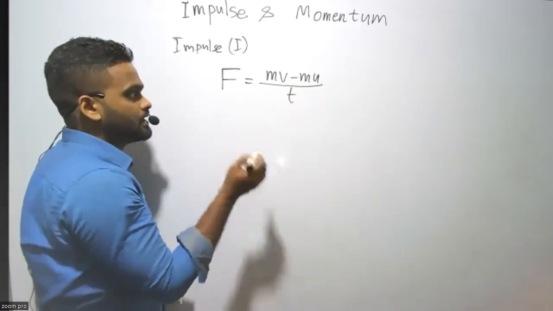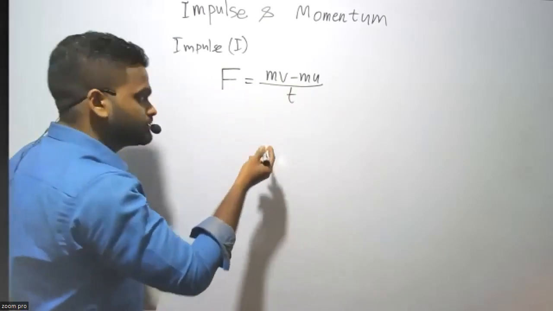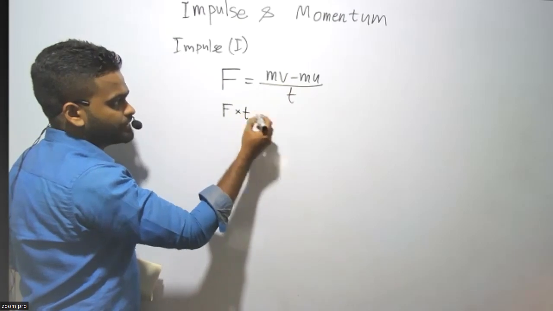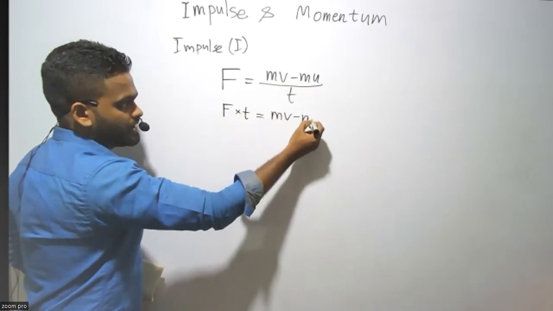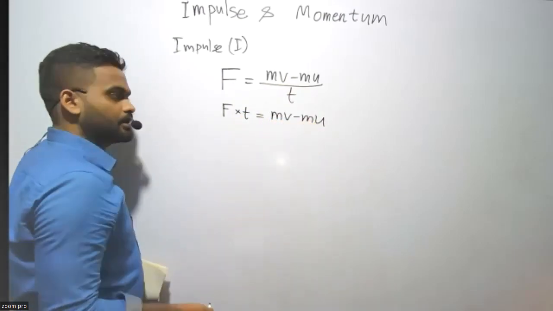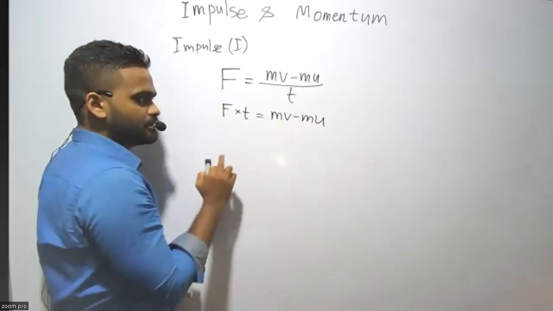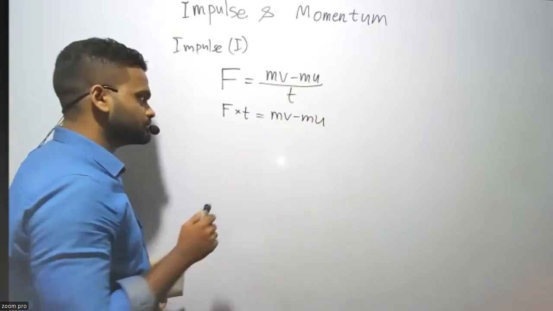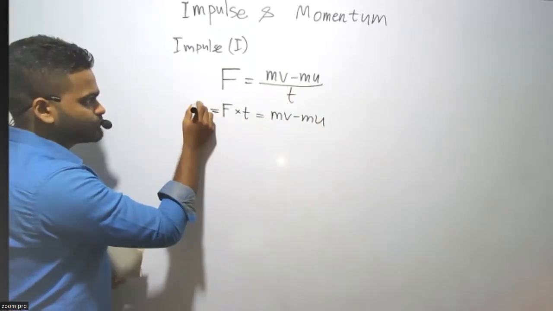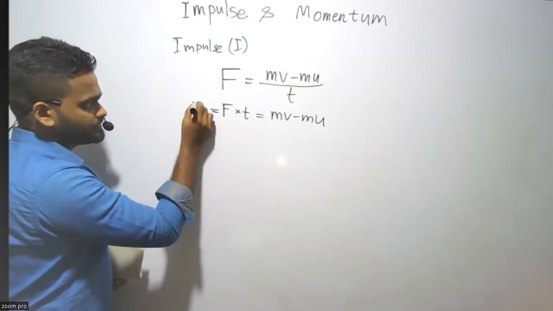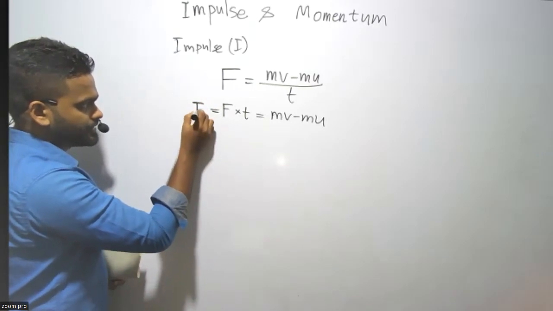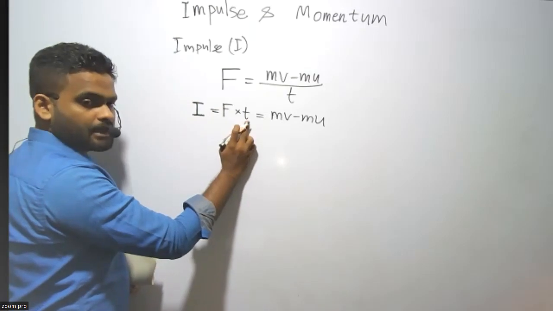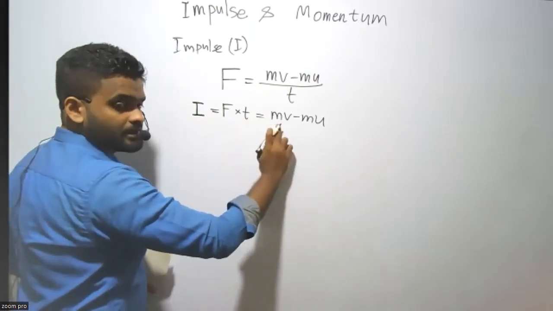So for this lesson, I need to cross multiply this. Then it becomes Ft equals mv minus mu. So change of momentum is equal to Ft, force times time. This Ft is what we call impulse. Impulse can be defined as force times time or change of momentum.